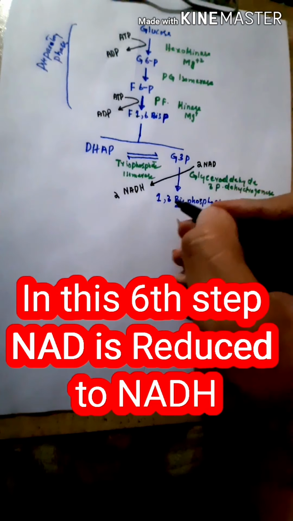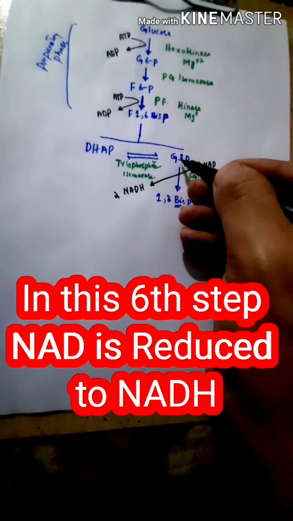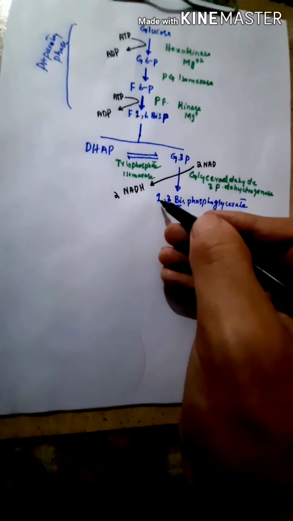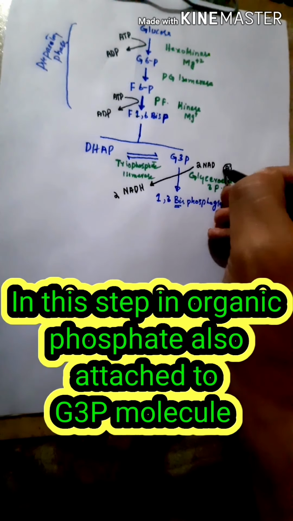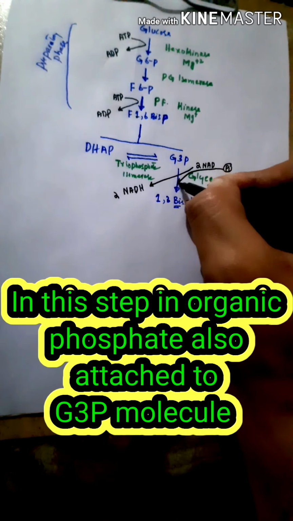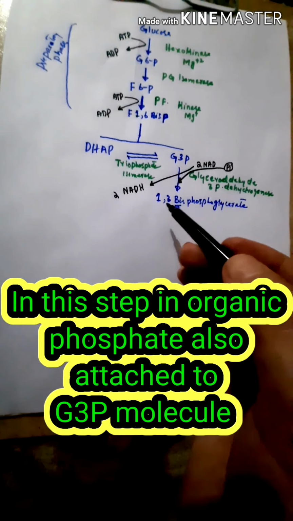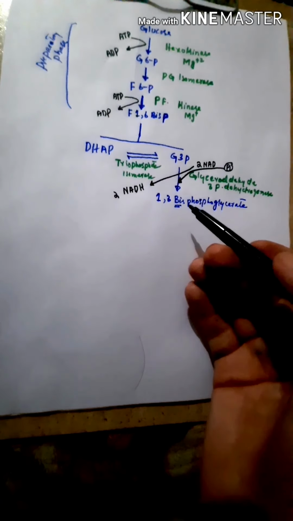Another phosphate is attached to carbon number 3, but here another phosphate is also attached on carbon number 1. Where does this phosphate come from? This phosphate actually comes from inorganic sources and gets attached on carbon number 1 of the G3P molecule, which converts into 1,3-bisphosphoglycerate.